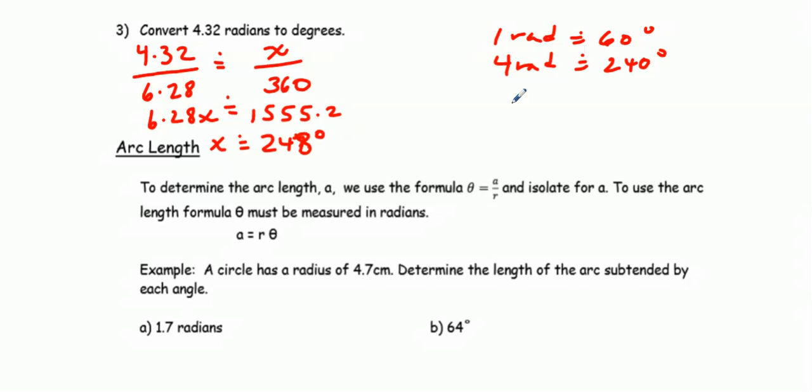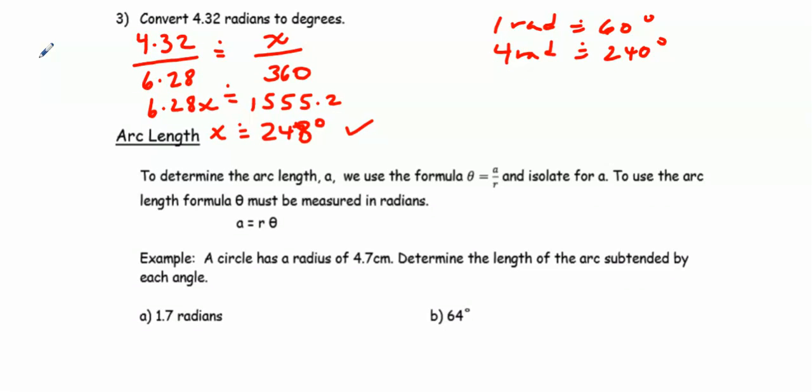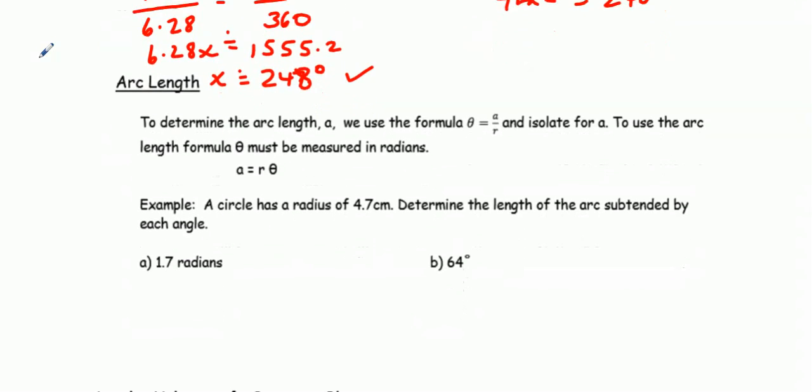Sometimes you just want to make sure that you really understand what those numbers mean, because right now, 4.32 is so abstract to you in terms of what a measurement of an angle is, right? So just double check your answer with your understanding, maybe from 1 radian equaling 60 degrees.